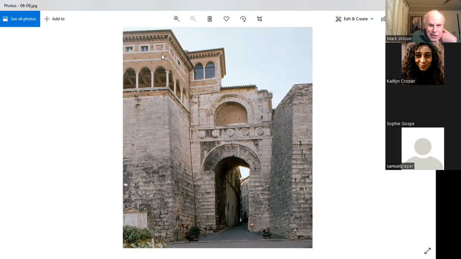But this city, why it wasn't destroyed utterly, the walls at least, is because it resisted the Romans for decades. The Romans couldn't conquer it. So this also was the last Etruscan city to fall to the Roman army.